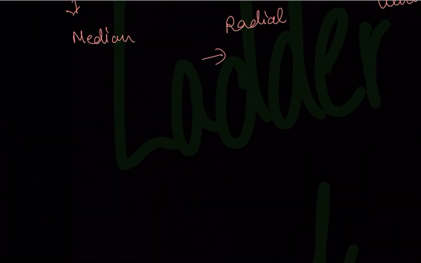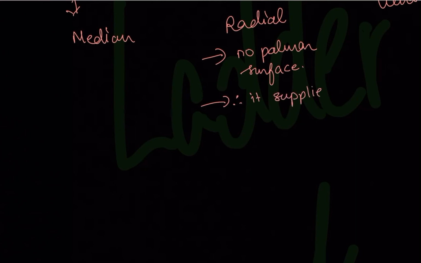For radial, write down no palmar surface. Therefore, it supplies only the dorsal surface.